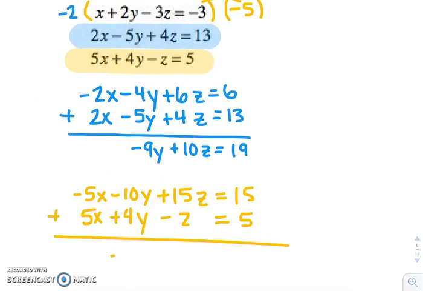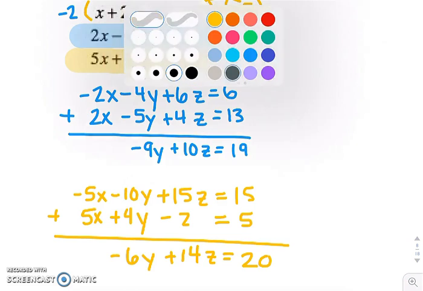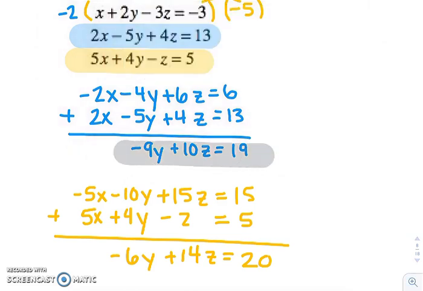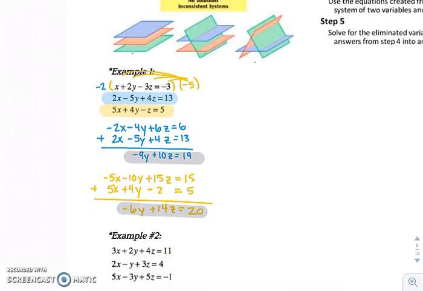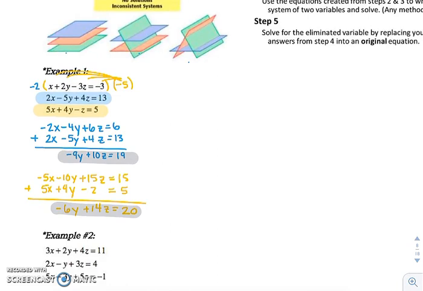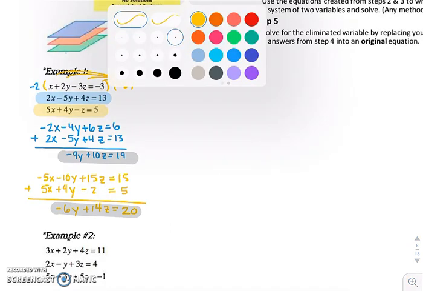We now have negative 6y. We now have 14z equals 20. So these two new equations now with only two variables is what we want to solve like we used to know how to do when there was only two variables.